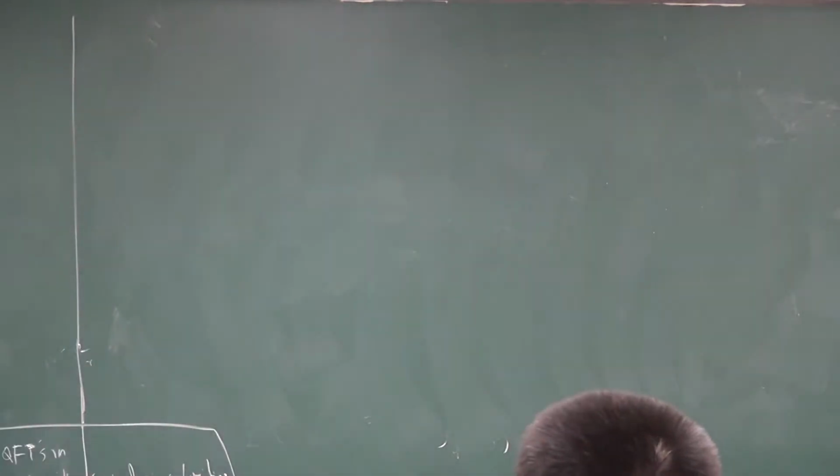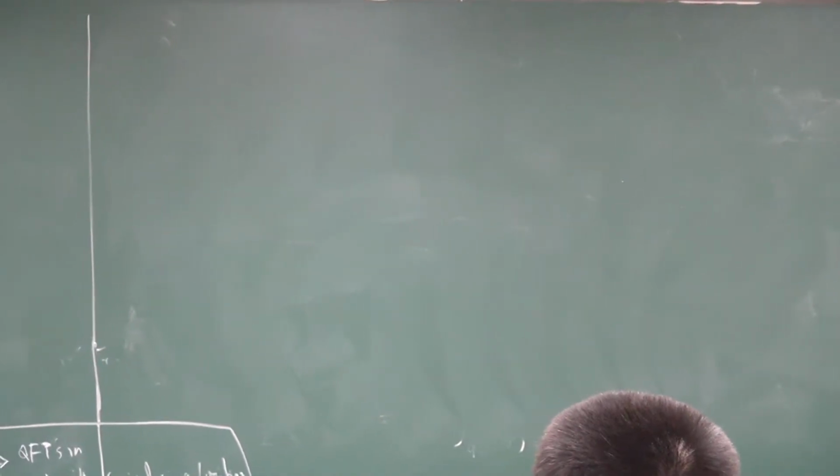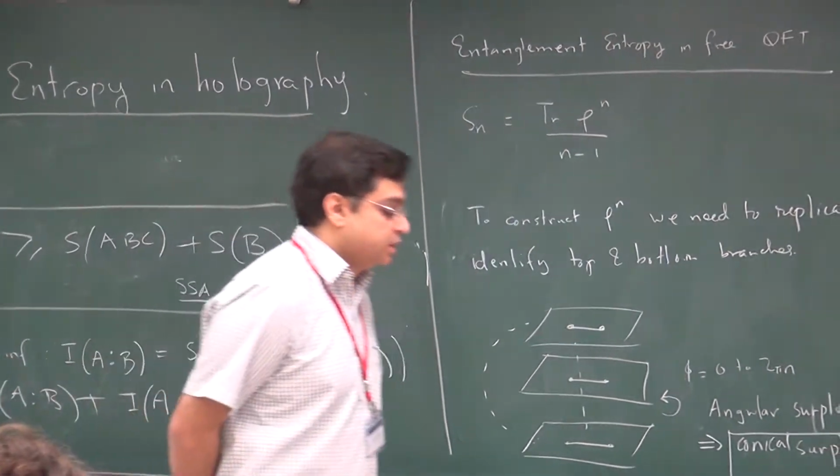Is it correct to say that the entanglement comes from the spatial derivative part in the action? Because naively, this is a free theory. How do you imagine that entanglement will localize on the boundary? Yes.